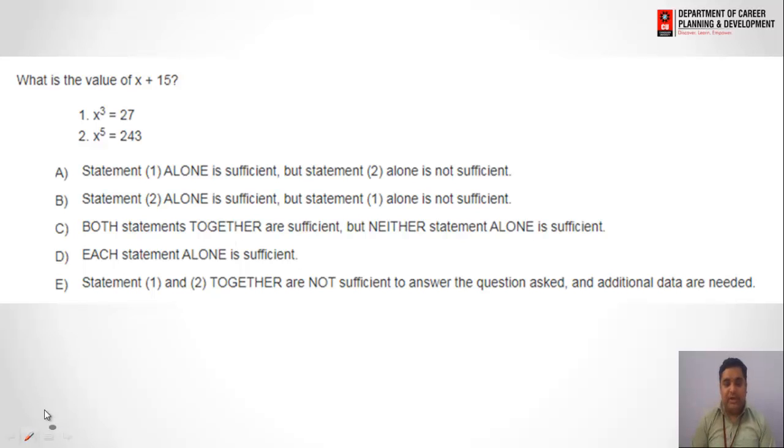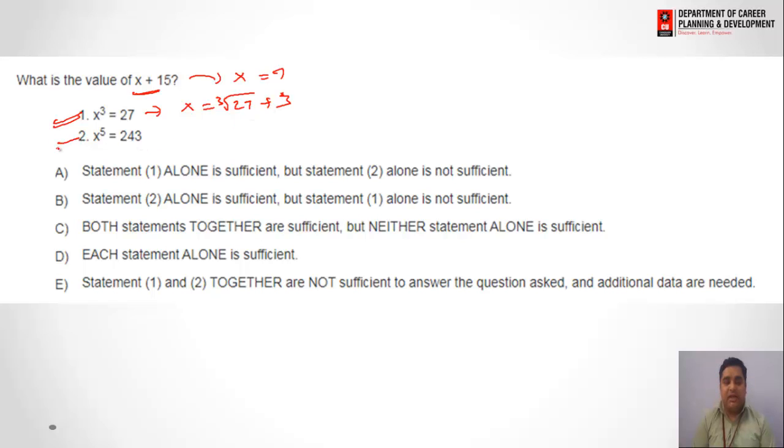Now question number 3. What is the value of x plus 15? The answer depends upon the value of x, which can be easily found using statement 1, which says x cube equals 27, where x is the cube root of 27, that is 3.